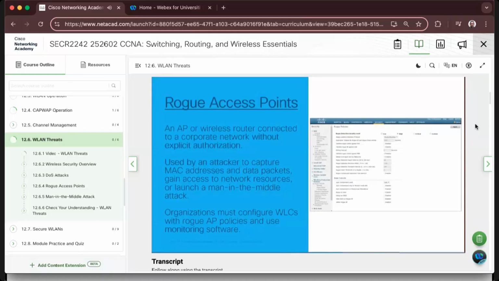Once connected, these rogue APs can be used by an attacker to capture MAC addresses, to capture data packets, and even gain access to wired network resources. They can be used to launch man-in-the-middle attacks as well. To prevent the installation of these rogue access points, organizations have to configure wireless LAN controllers with rogue policies, and they should use monitoring software to actively monitor the spectrum for unauthorized access points.